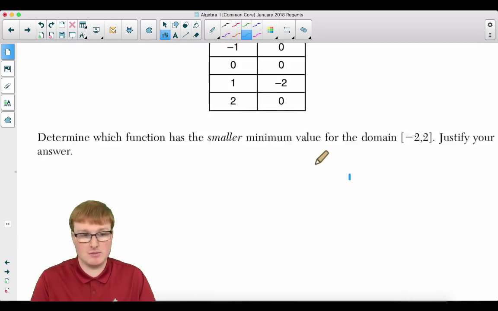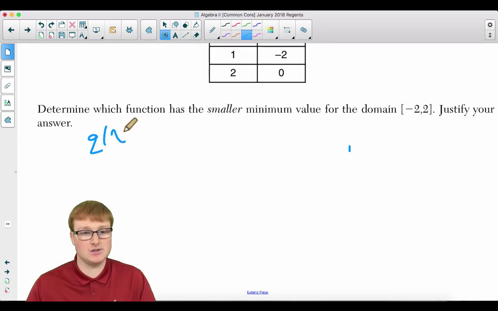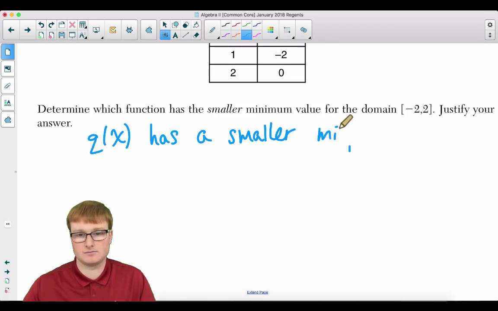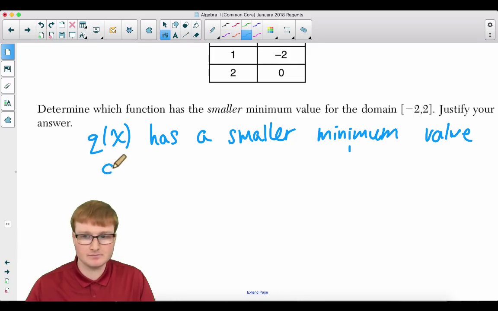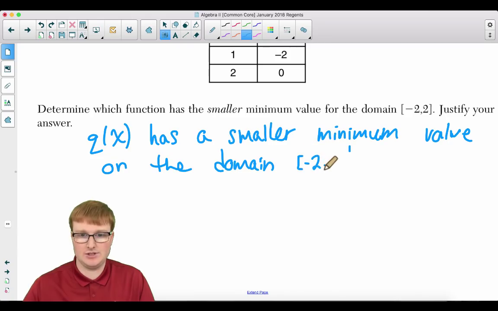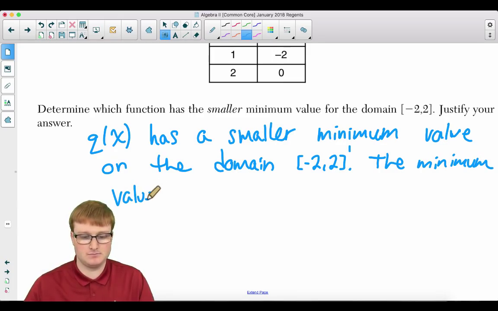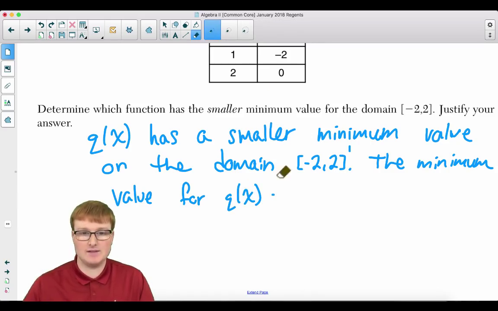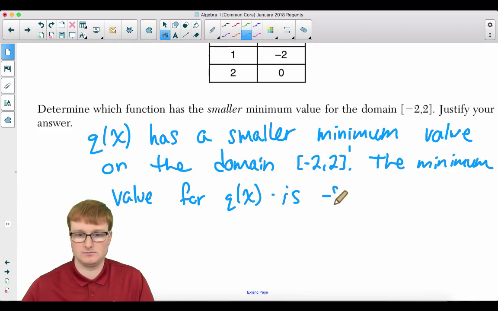So determine which function has the smaller minimum and justify your answer. Well, all you're going to say is q of x has a smaller minimum value on the domain from -2 to 2. The minimum value for q of x is -8 when x is equal to -2.